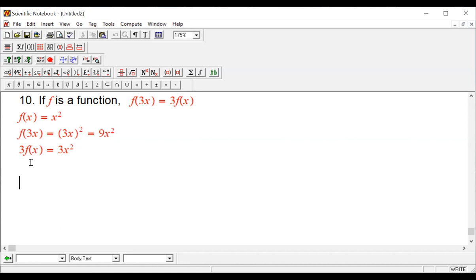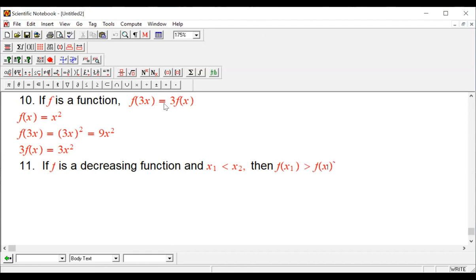Number 11. If f is a decreasing function and input x sub 1 is less than input x sub 2, then f of x sub 1 is larger than f of x sub 2.